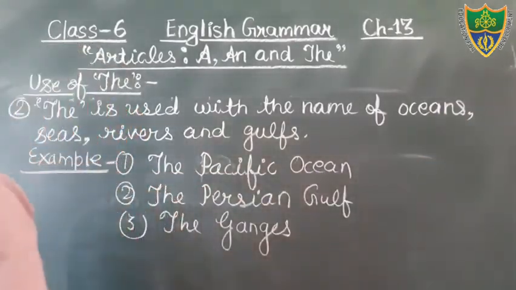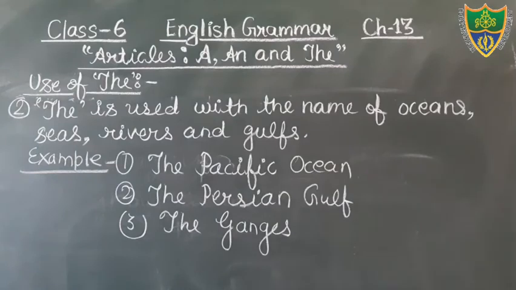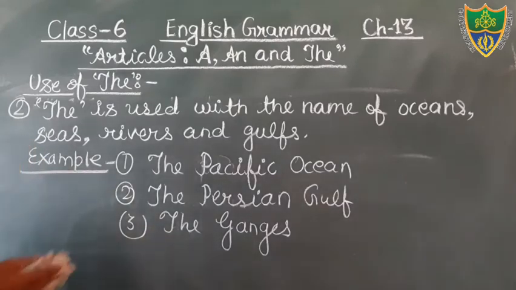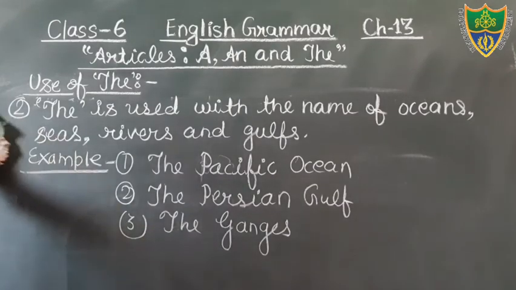So just write down the second use: we use the article the with the name of oceans, seas, rivers and gulfs. I hope that you all have understood. Now I am going to erase it.